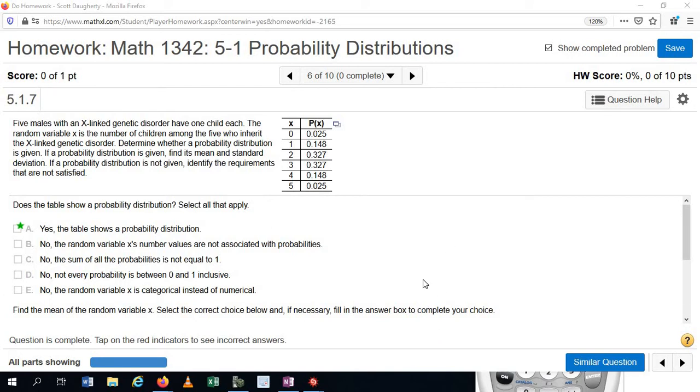So first of all, the random variable X in this case is equal to the number of children among the 5 who inherit the X-linked genetic disorder. So what could X be equal to? Well, the only possible values of X would be 0, 1, 2, 3, 4, or 5, because X represents the number of children.